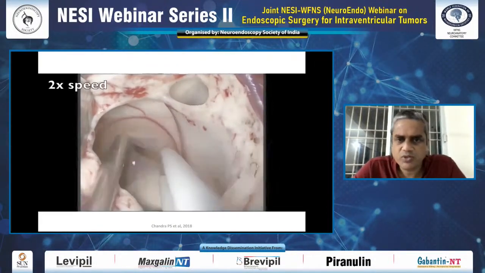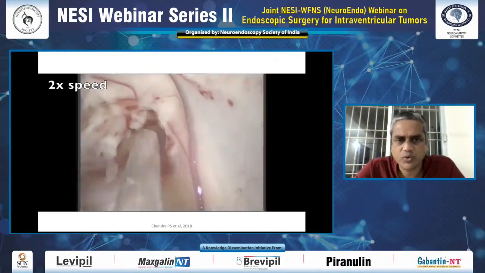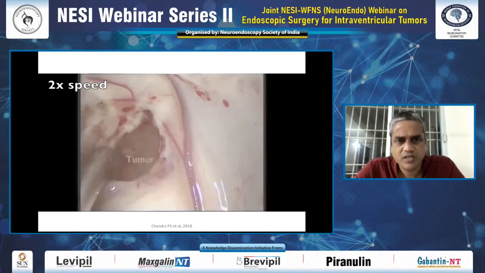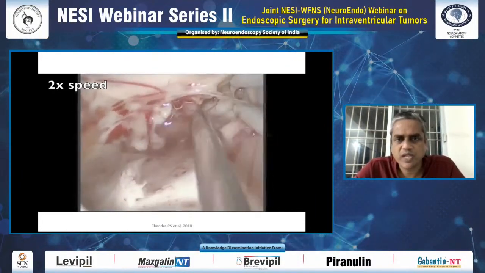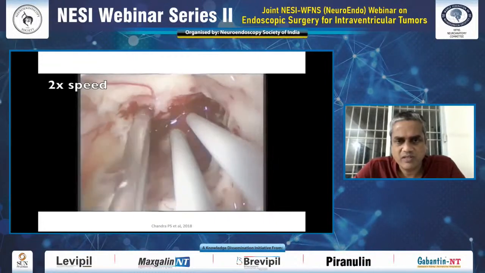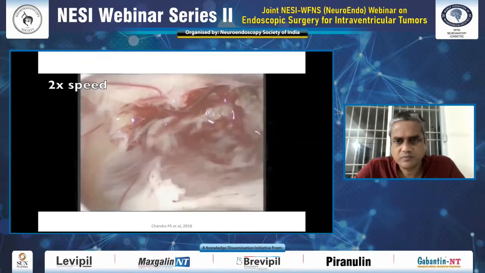Now, normally we should not approach these tumors from a superior axis because there is a thin floor of diencephalon over the tumors. But in this case, of course, the tumor was going through that. So there was only a very, very thin cover, and we could immediately come onto the tumor.